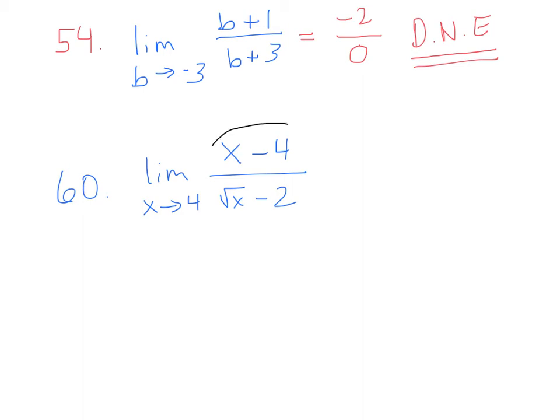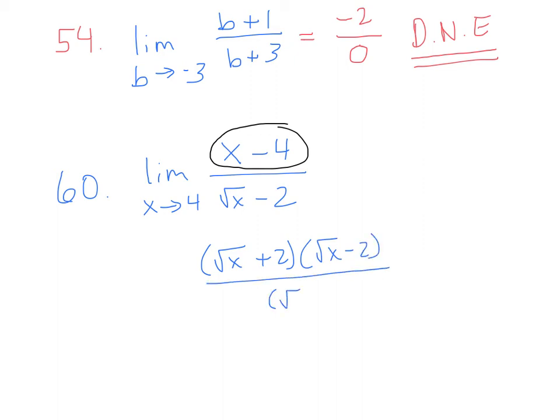This is also a difference of squares, but when you factor it, the square root of x squared is x. So this factors as the square root of x plus 2 times the square root of x minus 2, that numerator. We still have the square root of x minus 2 on the bottom, and we're still doing a limit.